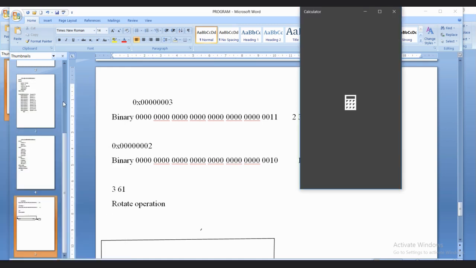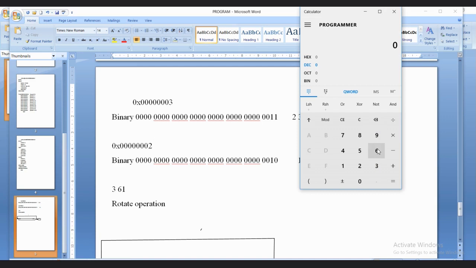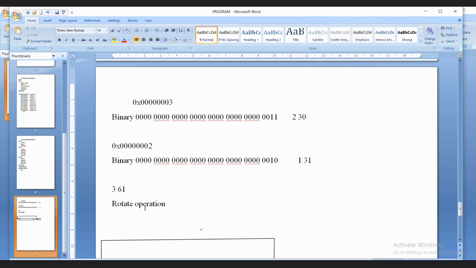So the total number of zeros is equal to 3D and the number of ones will be equal to 3. This will be the total number of zeros and this will be the total number of ones.